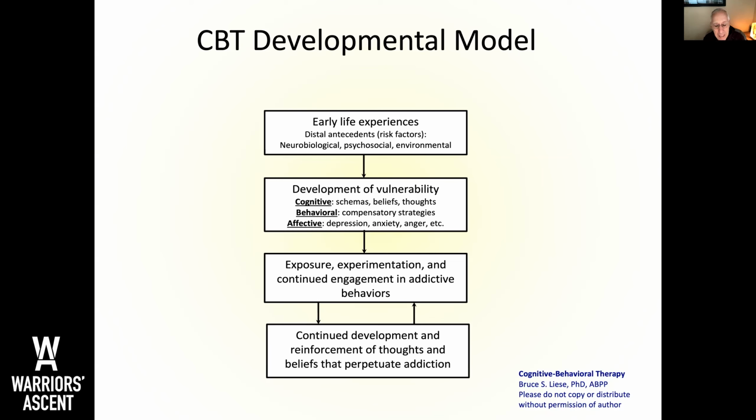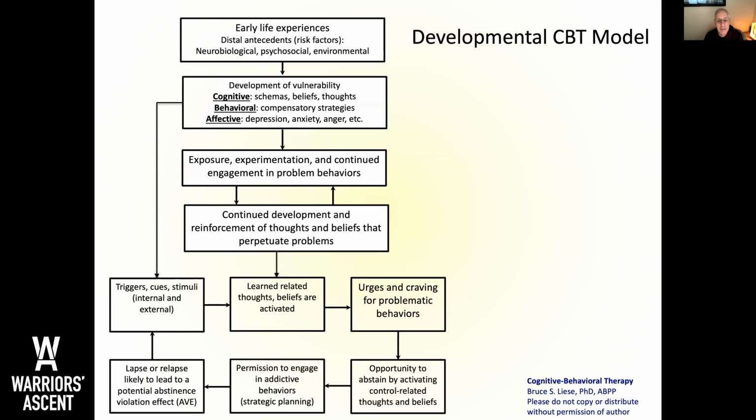But the experimentation and exposure, instead of addictive behaviors, it can be just going back to bed or deciding, I'm just not going to go to any social events. I don't need people in my life. But that vicious cycle on the bottom reinforces what was learned earlier in life.